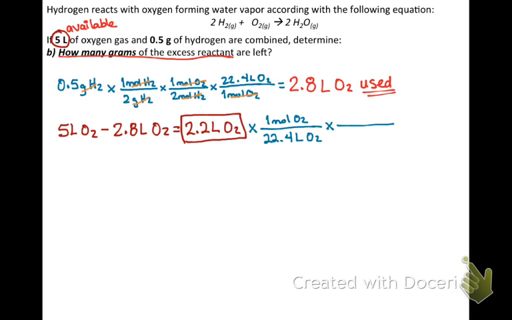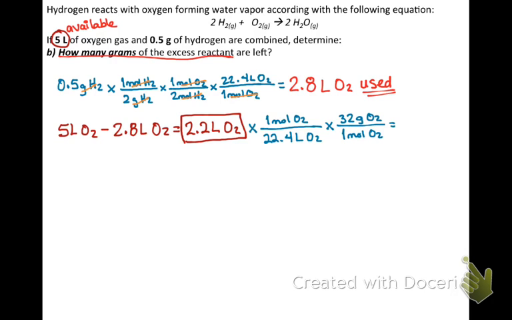Here we have 1 mole of oxygen that has a molar mass of 32 grams.